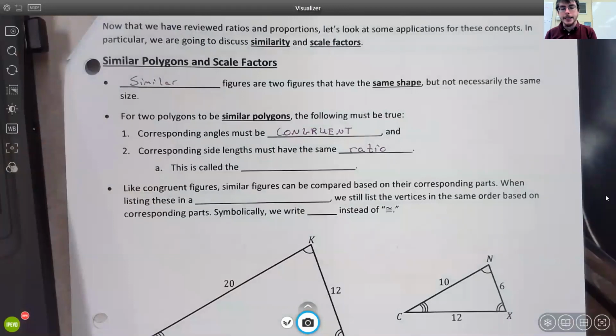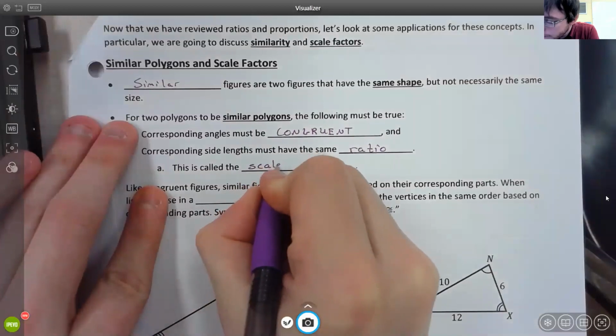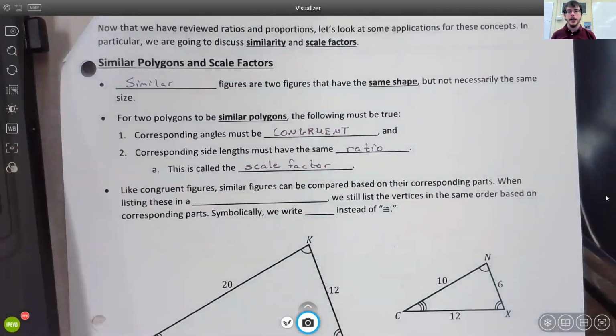So if you take these side lengths and you divide them, they have to all have the same ratio based on their corresponding sides. We call this the scale factor. The scale factor is the common size ratio that you have in your figures.